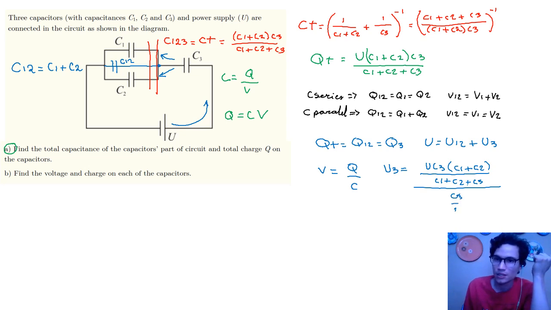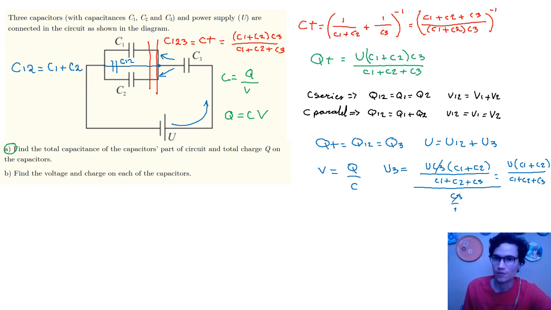The C3 will be eliminated, and this will be equal to U times C1 plus C2 over C1 plus C2 plus C3.